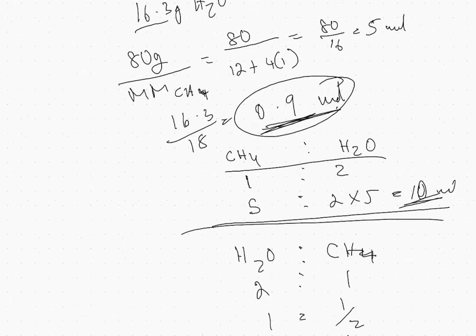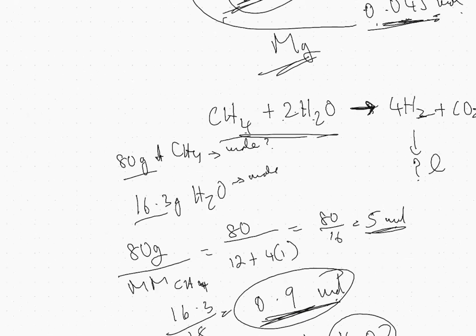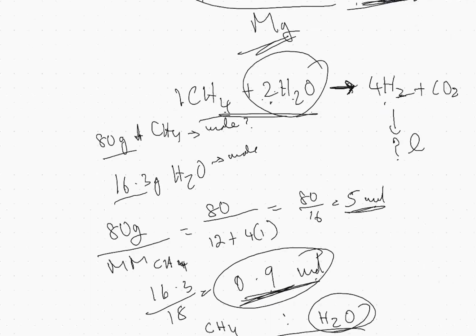Now we'll go here and make up this ratio, because 1 mole, 2 moles, 4 moles of hydrogen and 1 mole of carbon dioxide. They're asking how many liters of hydrogen. But here you can't talk about the liters yet, because we determined that water is limiting. So let us take 0.9 moles and do this ratio with water, because CH4 is going to be there in abundance.